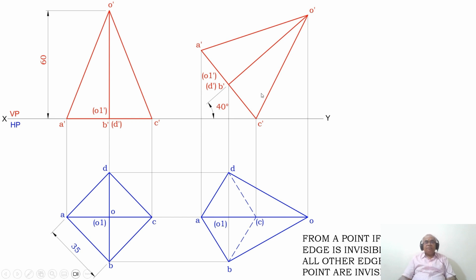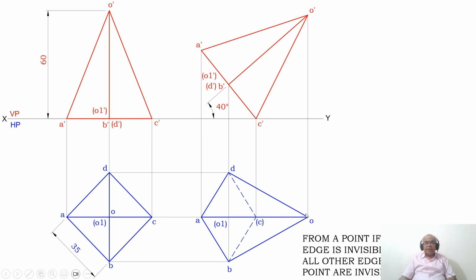As the axis is being rotated by an angle of 40 degrees, what happens to the axis in the top view? The top view axis is going to become the apparent length. Why? Because once this axis O dash O1 dash becomes inclined to HP, O1 is going to have apparent length in HP.